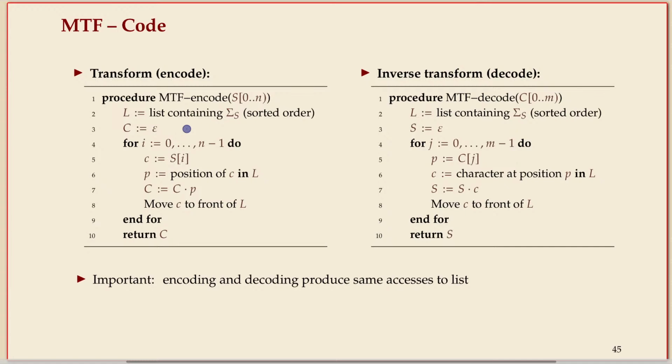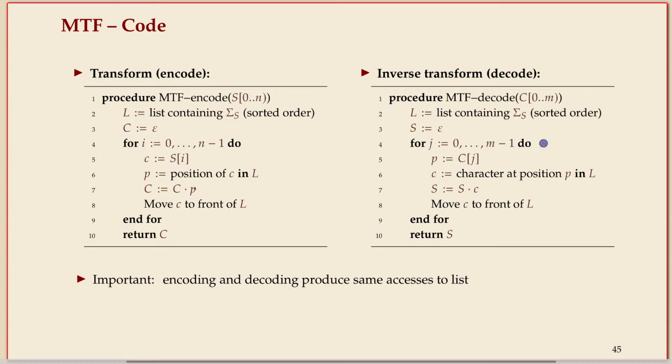That's this epsilon here. Then we walk through each character in the source text. That's our character C. Then we find the position in our move to front list. So we walk from the front until we find it. That gives us a position P, the index, 0 based. That's what we store. And then we do the move to front step.